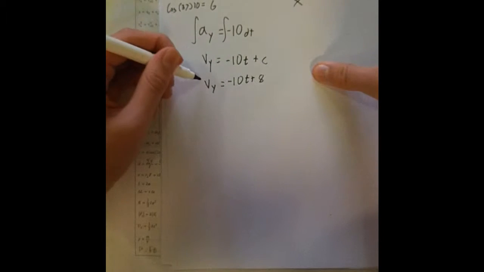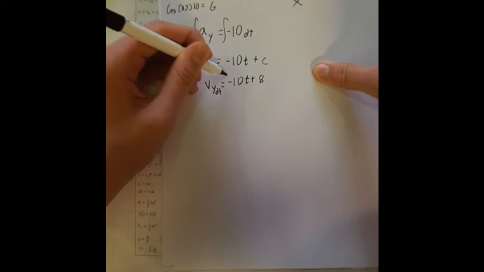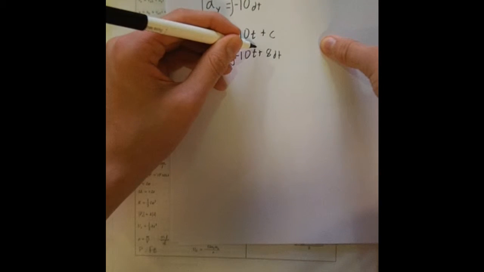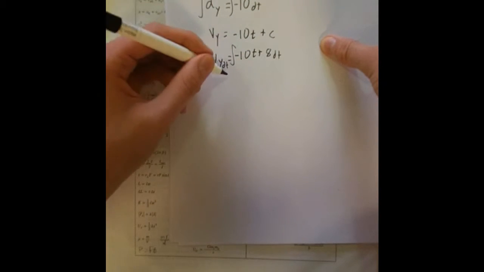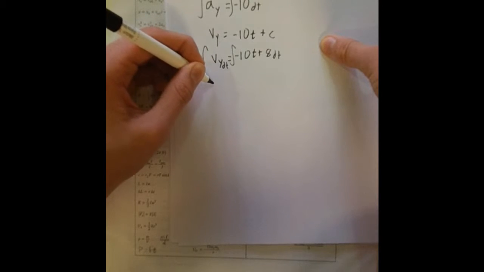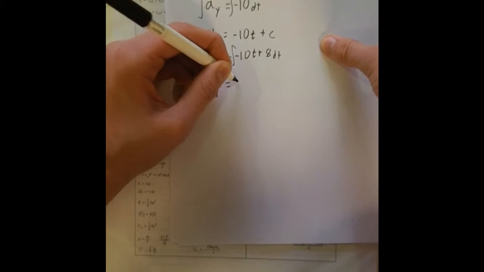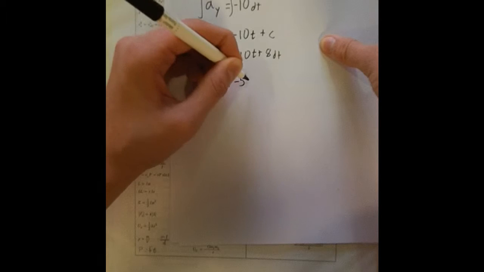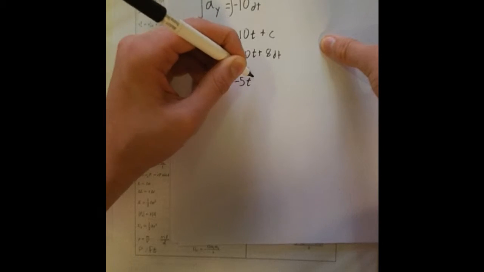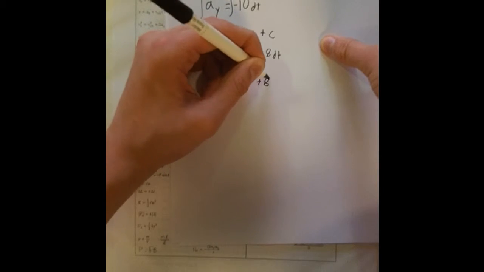Now we're going to take the integral of that one more time in terms of time. And we'll get negative 10t squared over 2. So y is equal to negative 5 times time squared plus 8 times time plus c, where c is its initial height.